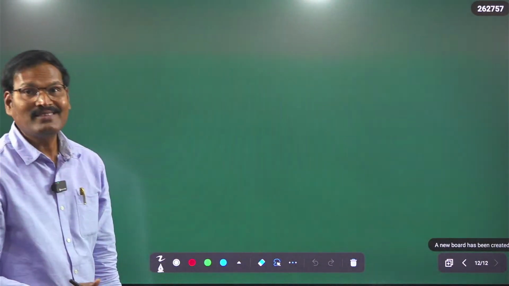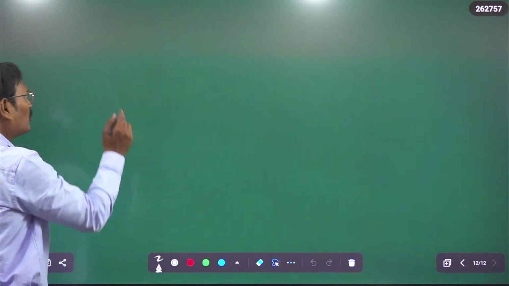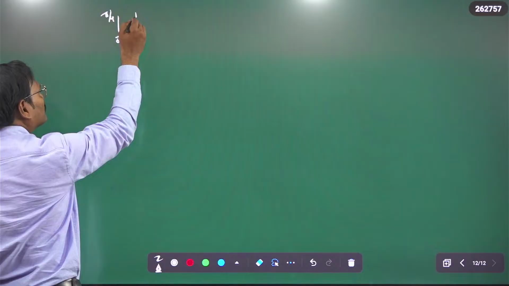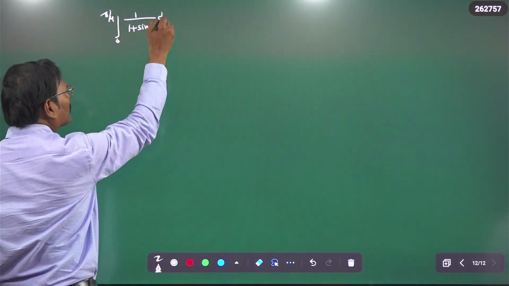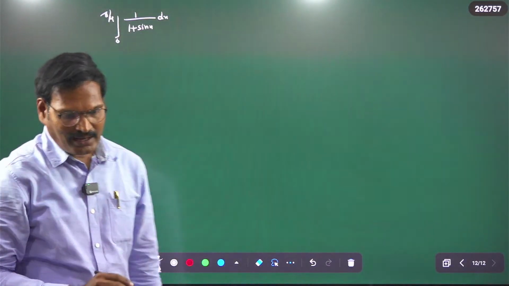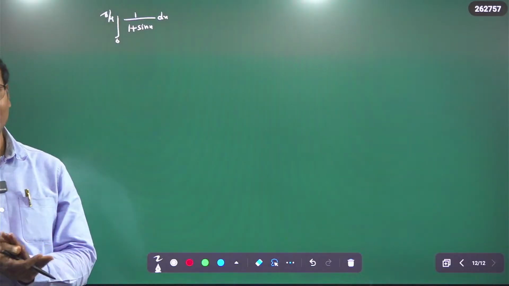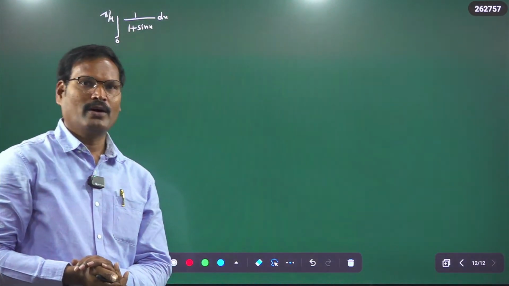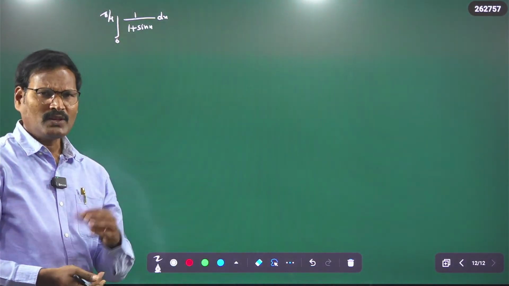So moving to the second problem, integral 0 to pi by 4, 1 by 1 plus sin x dx. This time I have taken a trigonometric function. So 1 plus sin x is there.